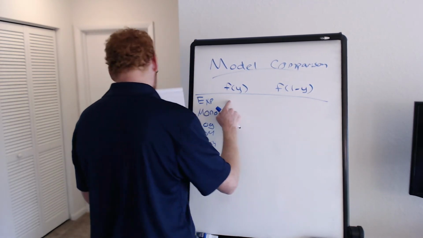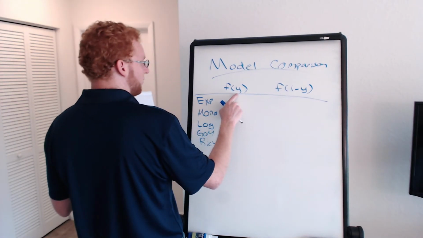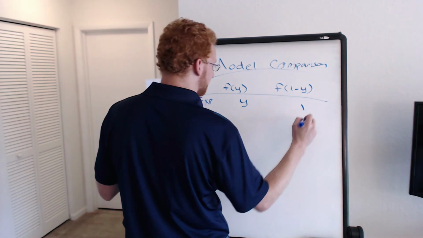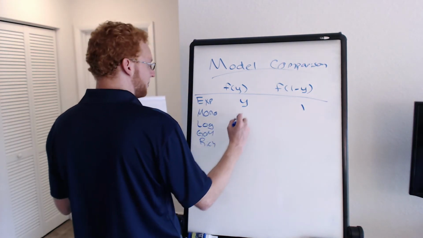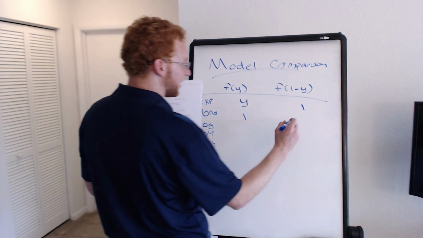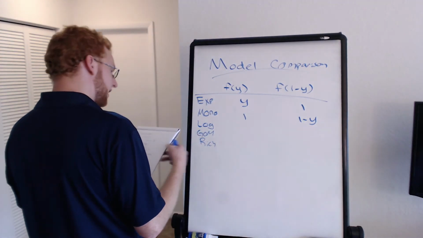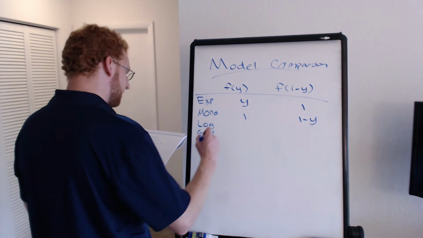So for the exponential, what it does with the diseased plants is it uses y, and for the non-diseased plants it doesn't do anything. Monomolecular doesn't do anything with the diseased plants, but does do something with the healthy plants. Log does something with both.